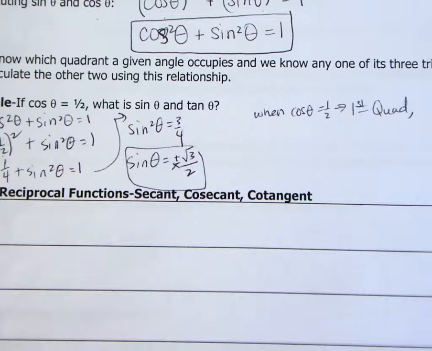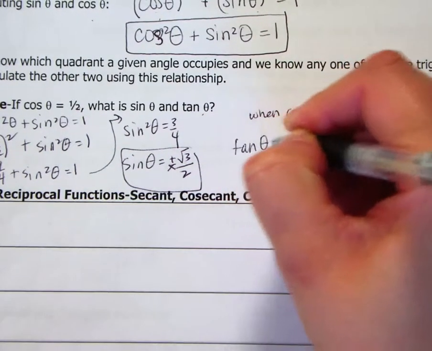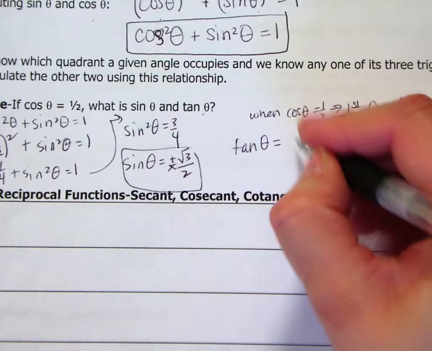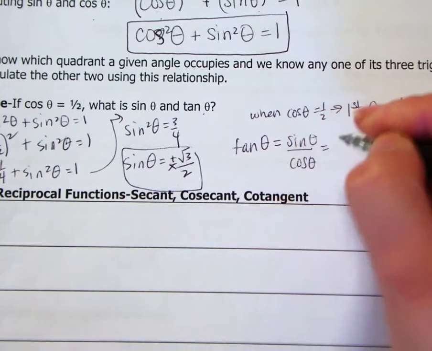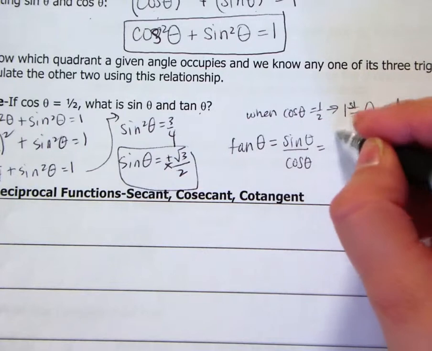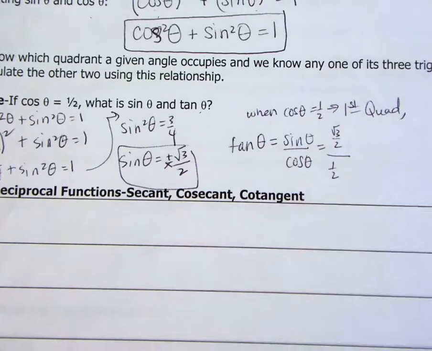All right, so we have sine of theta. Let's just stick with the positive one for now. To find the tangent of theta, I'm just going to use the values that I have. I know that tangent is sine over cosine, so I'm going to plug in those ratios. Sine is radical 3/2, cosine is 1/2.